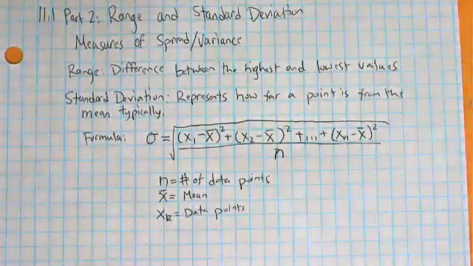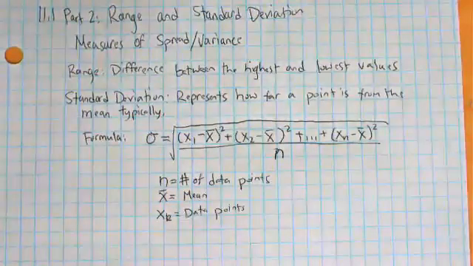Now, you might have some questions about this formula. I'm not going to explain where the formula came from, but I will point out a few things. The first one is the reason why we square this and then take the square root. You might say, why are we bothering to square and take the square root of all this junk? The reason is that if we didn't square it, every time you subtract a number from the mean, you might get a positive or a negative number, depending on whether it's above or below the average.